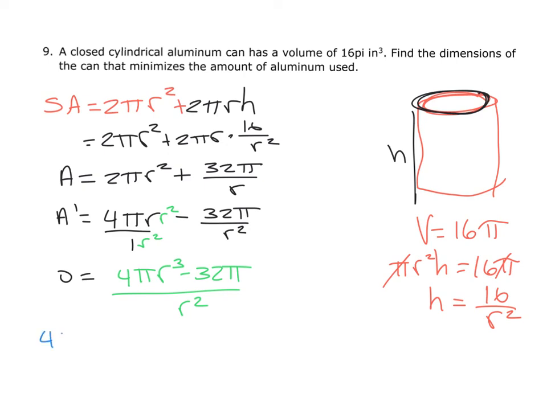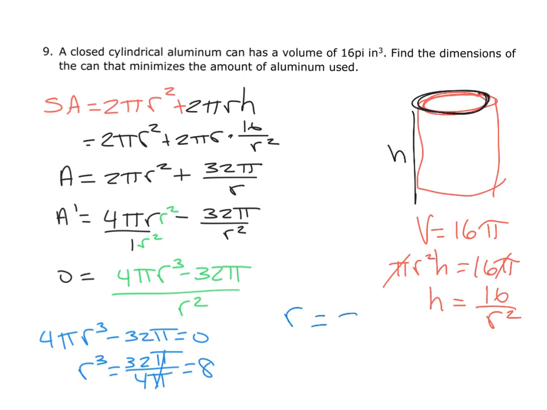So 4 pi r cubed minus 32 pi equals 0. So r cubed equals 8. Right? 32 pi over 4 pi is 8. So r is 2. If r is 2, h is 16 over 4, which is 4. This is definitely a no calculator problem. That was easy.